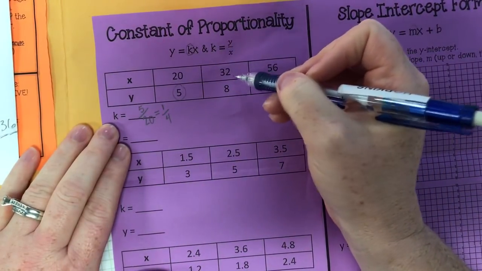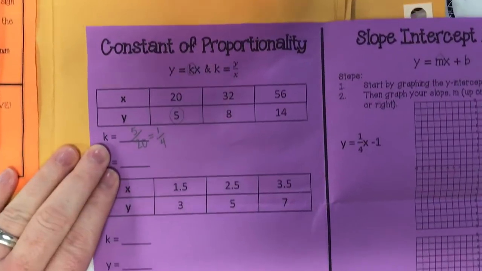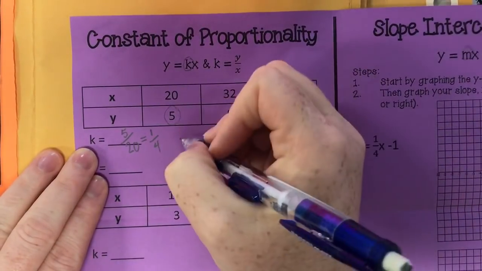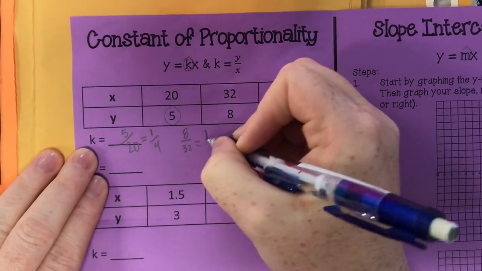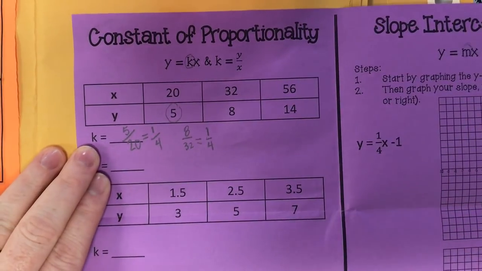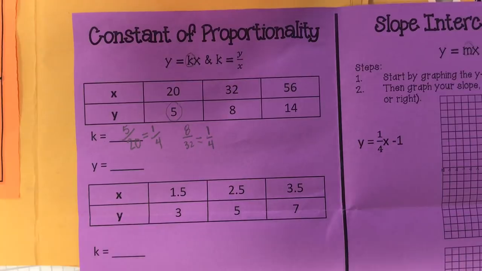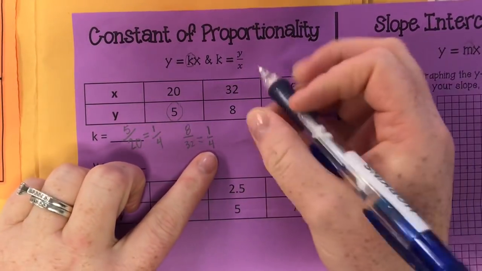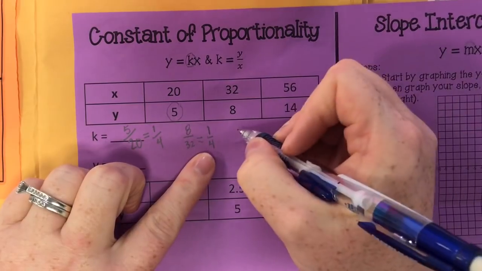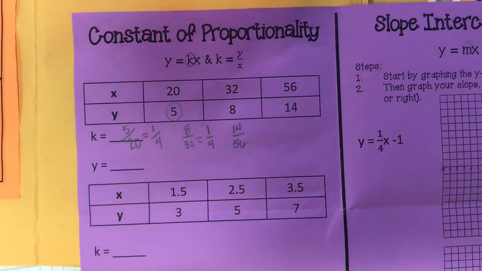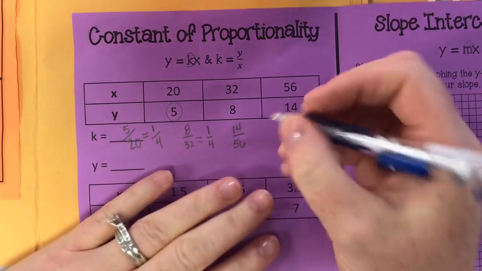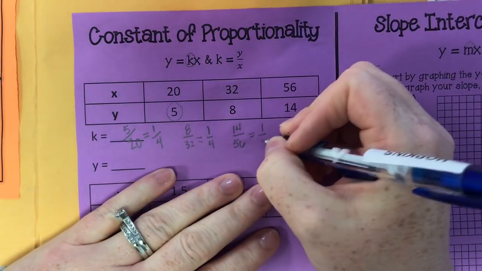So if you go further down the line, k is 8 over 32, which would also reduce to 1/4. So it should be the same all the way through. It is a constant of proportionality if it is. If it's not, then it doesn't have a constant of proportionality. So this one's going to be 14 over 56. That's going to reduce also to 1/4.